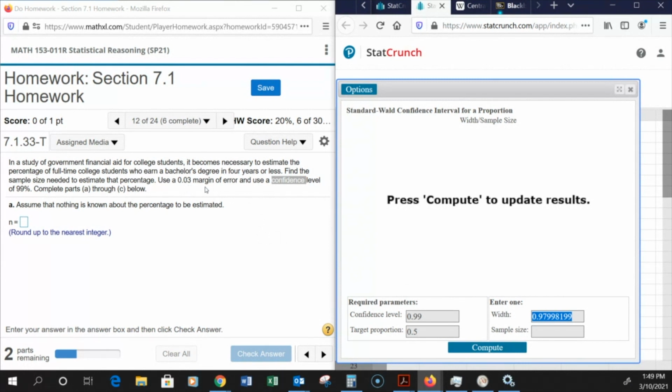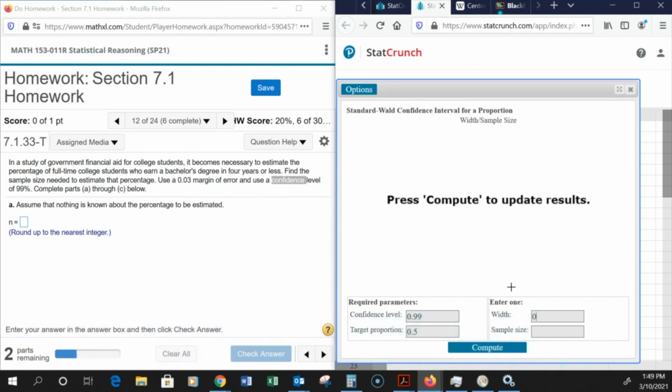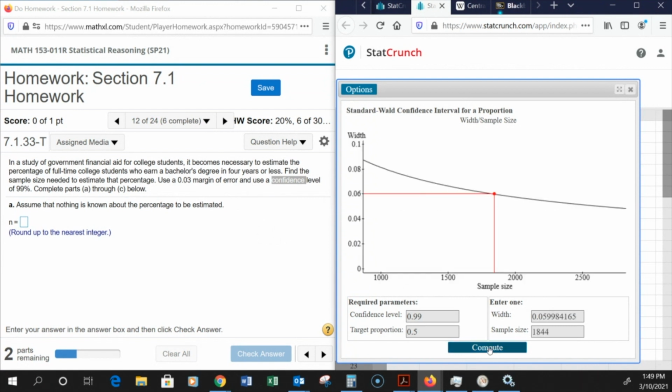Yep, it's 0.03 on the right, and it's 0.03 on the left, right? Because we have a confidence interval, and our p will be in the middle of a 0.03 up and a 0.03 down. So what's the actual width? It's double this. It's 0.06. So put in 0.06, and they will tell us the sample size.